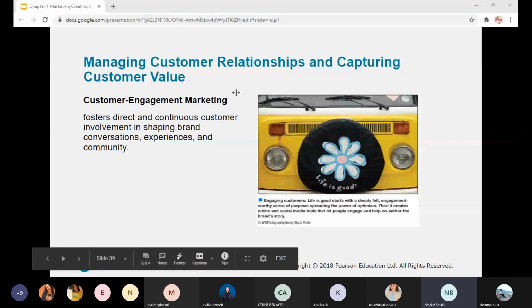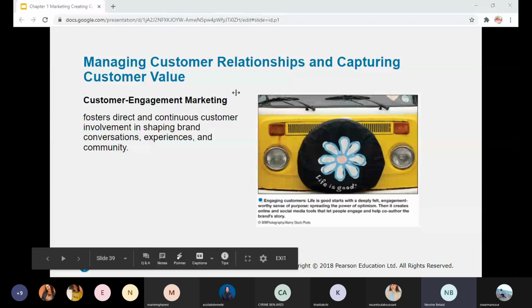Its goal is to make the brand a meaningful part of consumers' conversations and lives. So today, for example, companies are using online, mobile, and social media to refine their targeting and to engage customers more deeply and interactively. So the new marketing is customer engagement marketing.